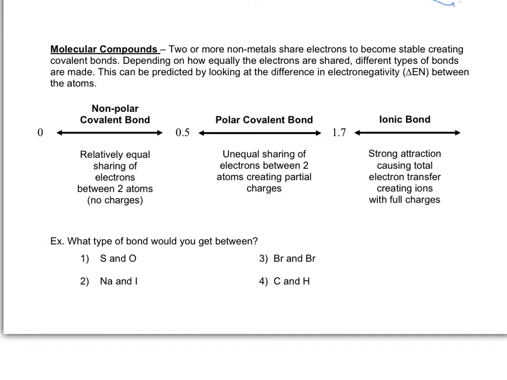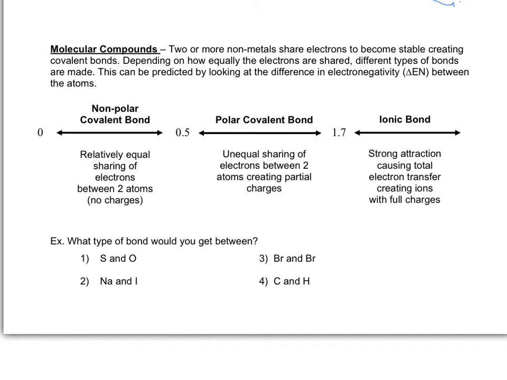If the electronegativity difference is 0.5 to 1.7, it means that one of the elements is significantly stronger than the other, and there's unequal sharing of electrons between the 2. This creates partial charges on the atoms. A partial charge means that it's a fraction of a charge. It's not a full 1+ or a full 1-.